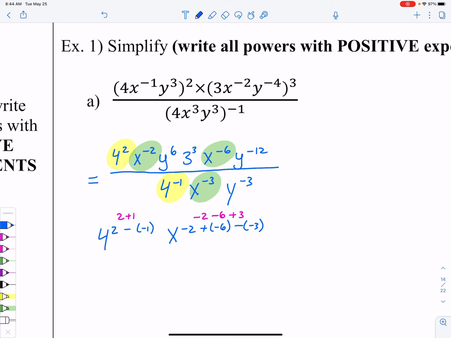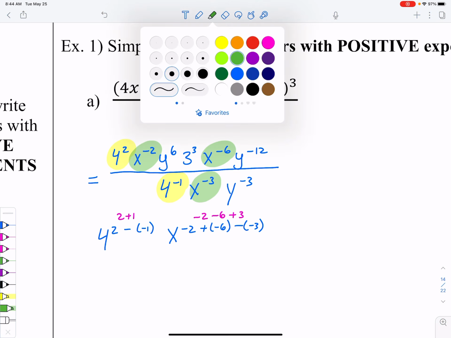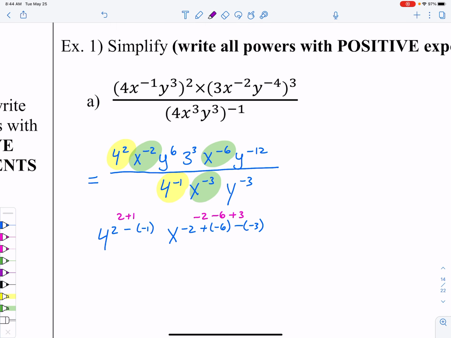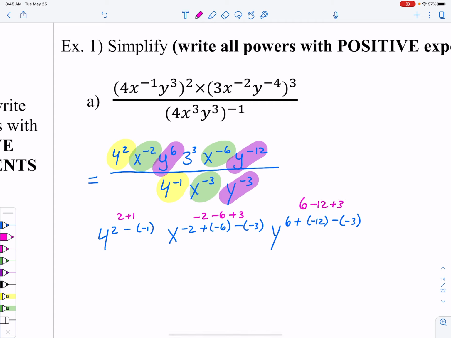Next base is, let's see here, use purple. Next we have y. So here we have y to the 6 plus negative 12 minus negative 3. So if we simplify that, it becomes 6 minus 12 plus 3.